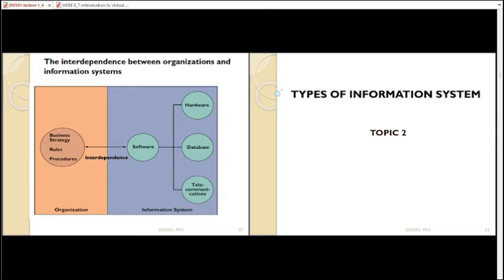These are within the organization: don't do this, do this, we can do this, we can go to this extent, and so on. That is the organization itself. Then we have the information system, basically the technology itself. Is it software? Is it the hardware? Is it the database? Is it the telecommunication links that we are using to connect maybe from one branch to another? That is all technology, and that's what forms our information system.